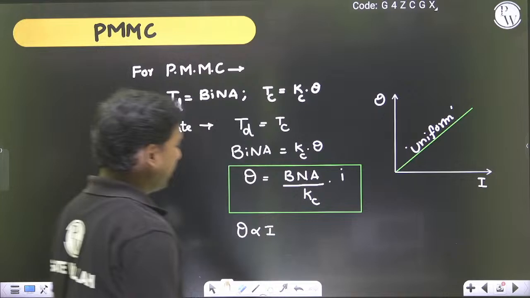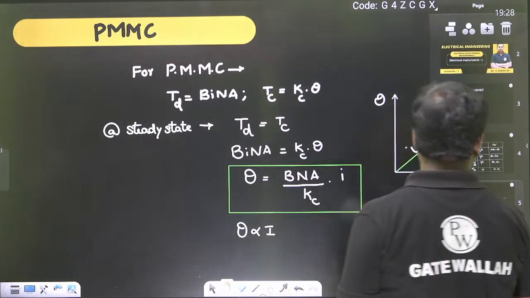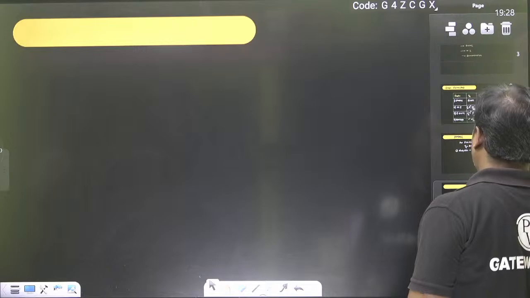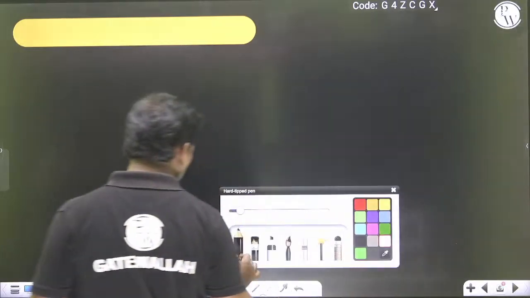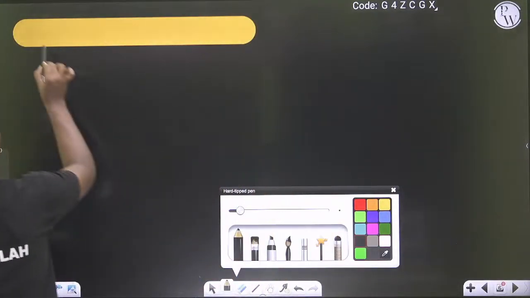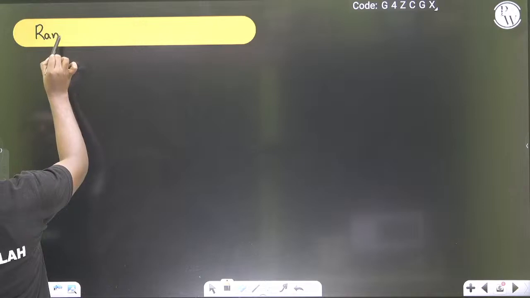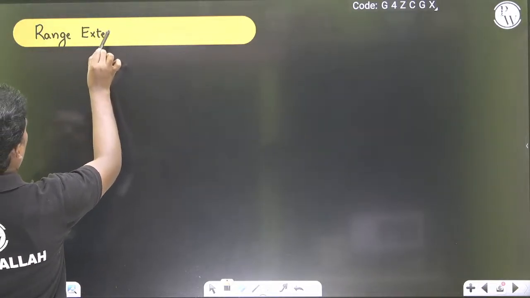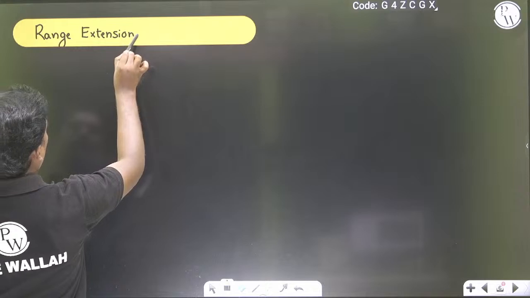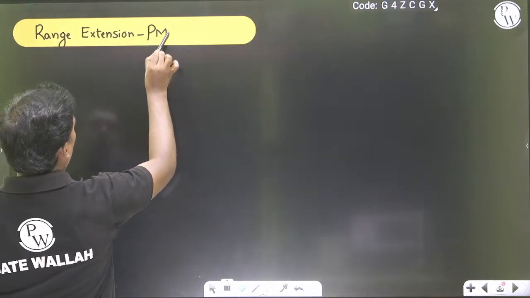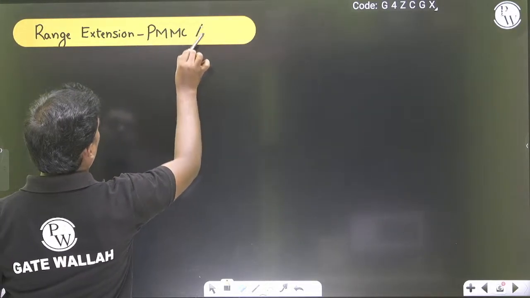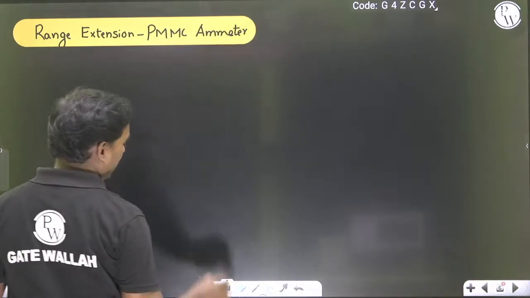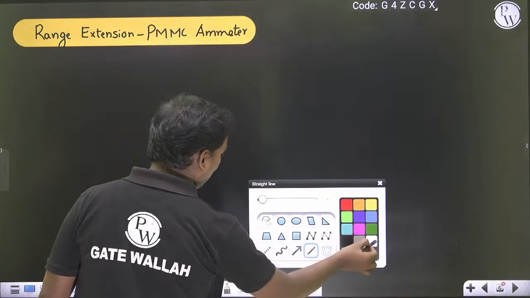Now let us go to the major important formulas of range extension of the PMMC. PMMC can be used as an ammeter as well as a voltmeter. First let us draw the diagram of PMMC.